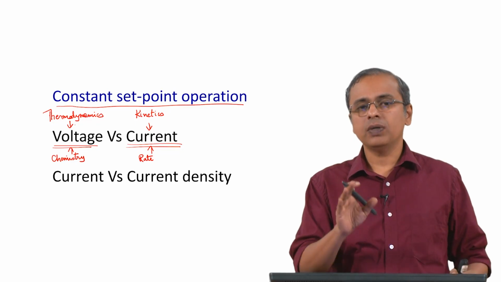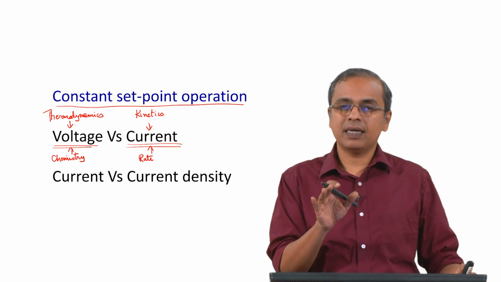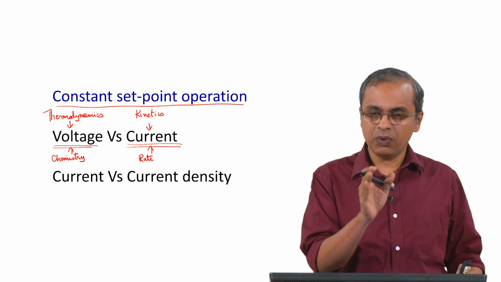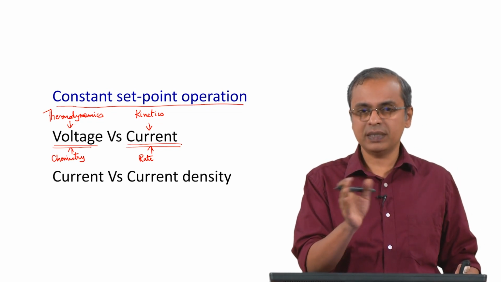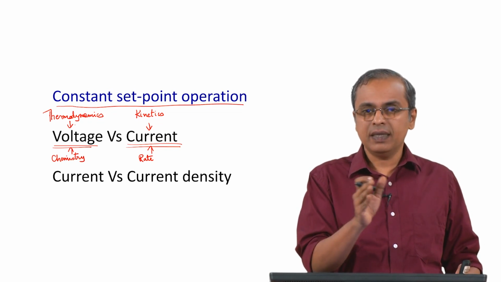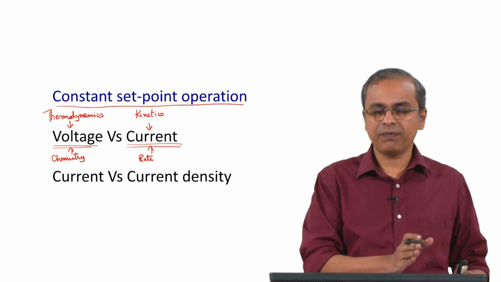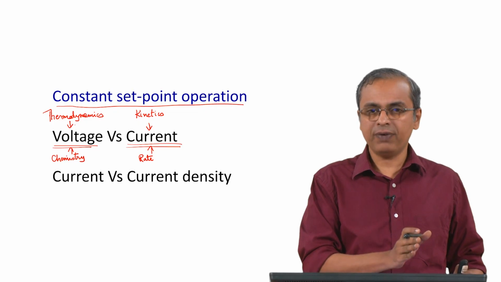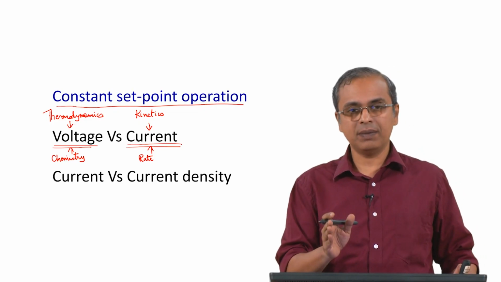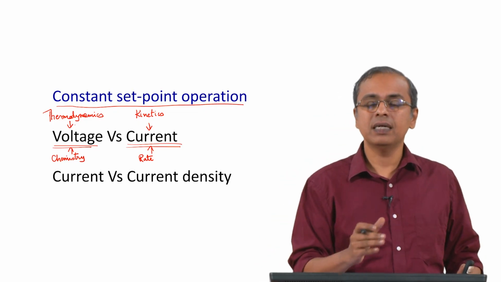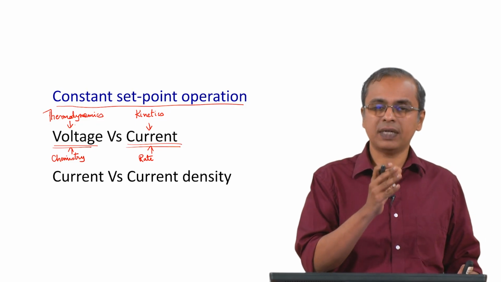So in some fundamental sense, you can actually think of multiple situations where the two of them do not necessarily see eye to eye. You can have a fairly high voltage, but also extremely low current. Which means there is a strong driving force for the reaction to occur.